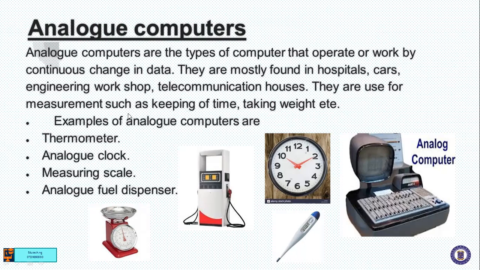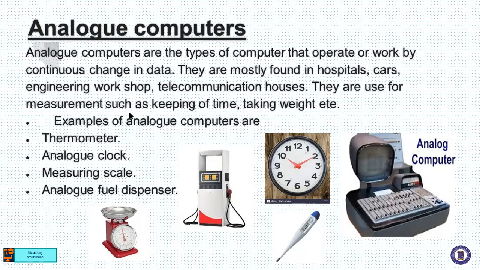You can also see the measuring scale that is used to measure the weight of a thing or of a person. You can also see the analog fuel dispenser. Now, all of these are examples of analog computer that operate by continuous change in data.